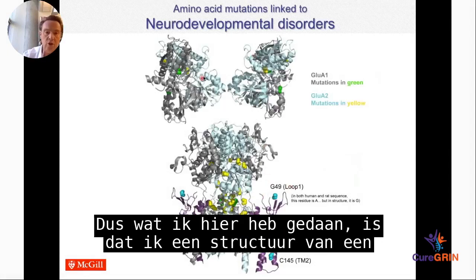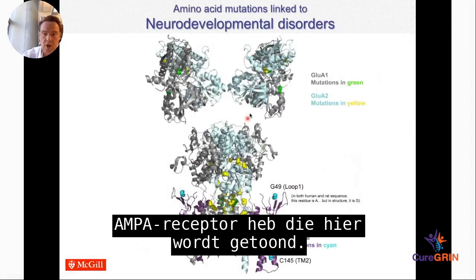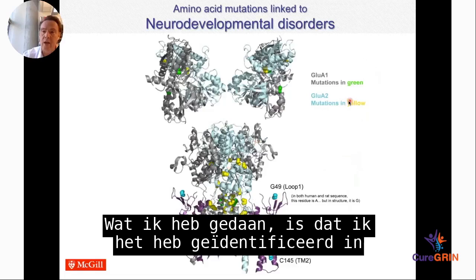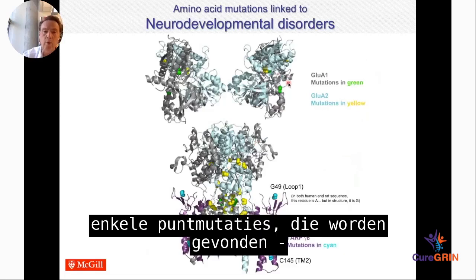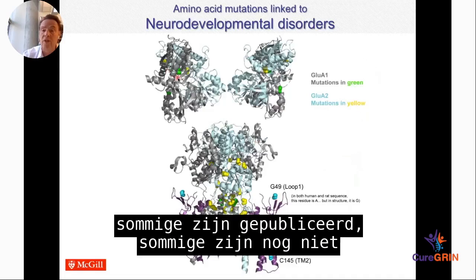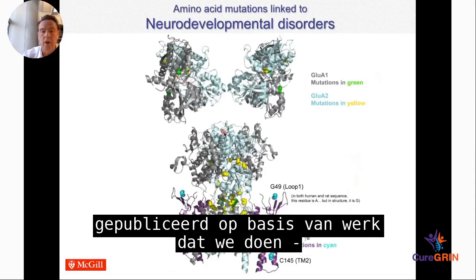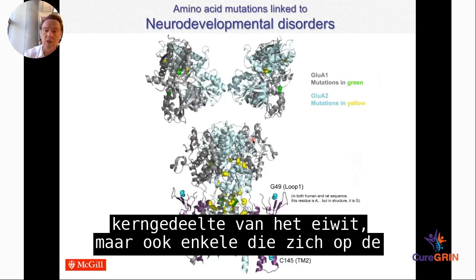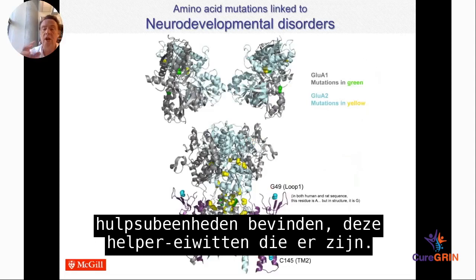So what I've done here is got a structure of an AMPA receptor, which is shown here, and here's another type of auxiliary protein, which is found here. And what I've done is I've identified in yellow or in green single point mutations which are found. Some of them are published, some of them are unpublished from work that we're doing, that are within the AMPA receptor pore forming or the core part of the protein, but also some of them which are on the auxiliary subunits, these helper proteins which are there.